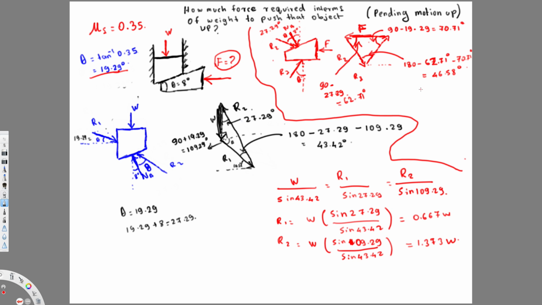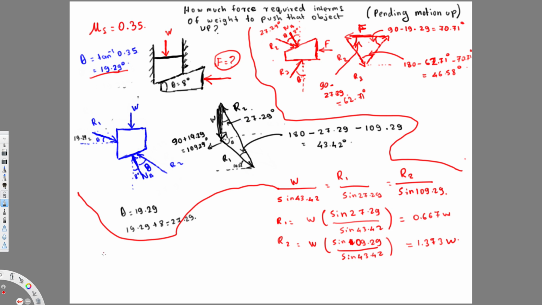Now it's easy to find F in terms of W. Let's continue it here. We don't have enough space, so let's do this one here, and I'll stick with the red one.